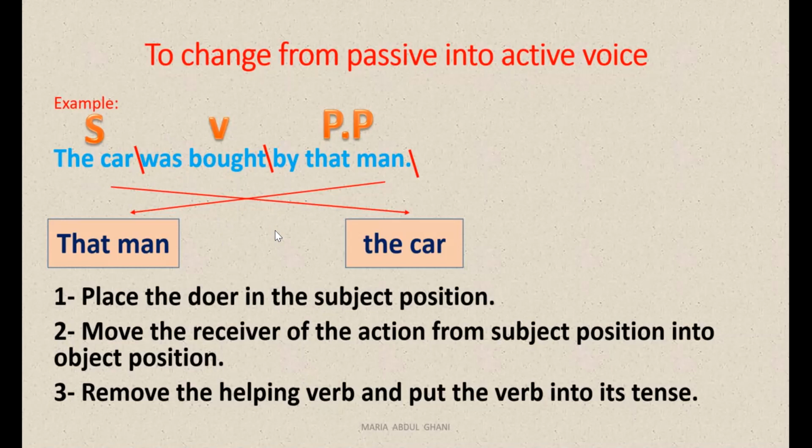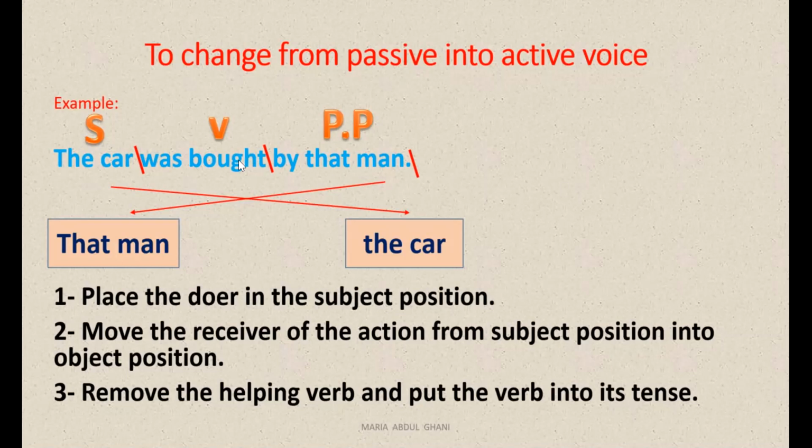So what do we have here? What will I write? What is the answer? Was bought, returning it back to active voice. What to say? Don't answer without permission, please. Raise your hand. I can see you raising your hand and you can answer. Buy? No, buy is present simple.